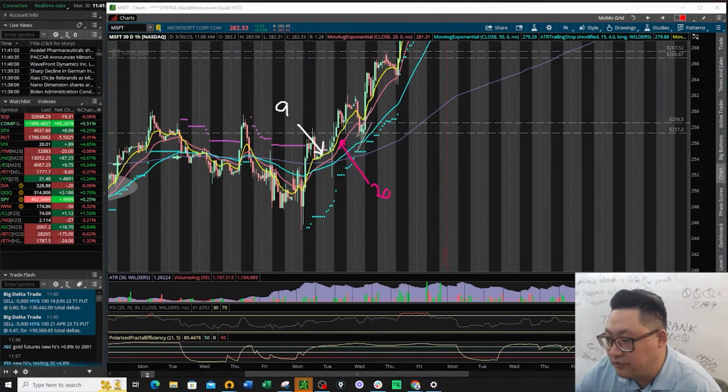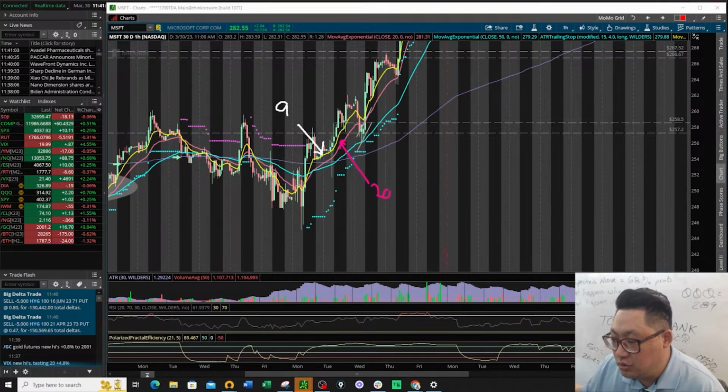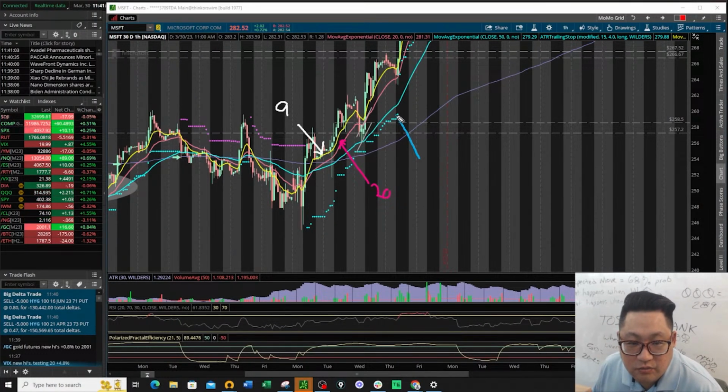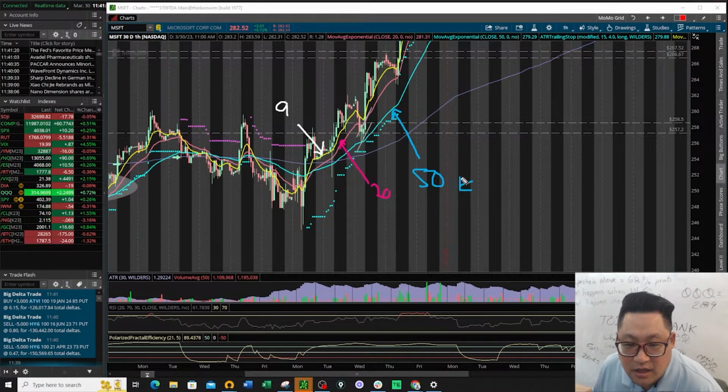And then the next one, folks, will be the light blue, teal blue. And that will be right here. That will be the 50 EMA. As you can see, these are all the same indicators, just on different time frames.